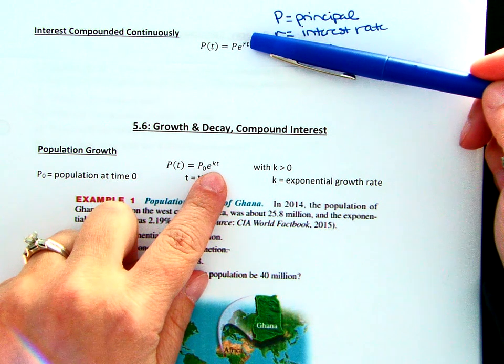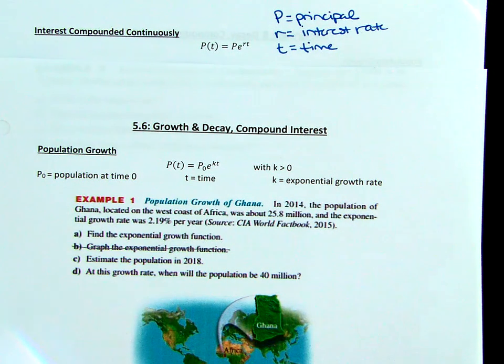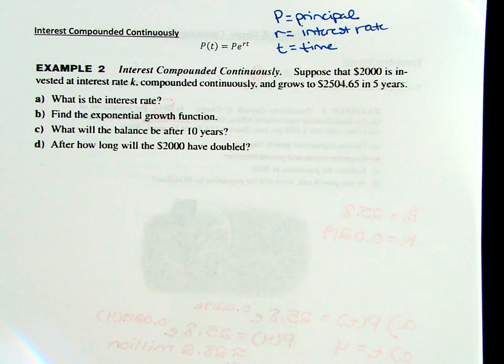They use different letters, slightly different denotations, but really you're using the exact same equation. So you could think about PERT for population growth if you wanted to. You just have to remember that the rate is the growth rate, so it's still there, if you wanted to simplify that a little bit in your brain.